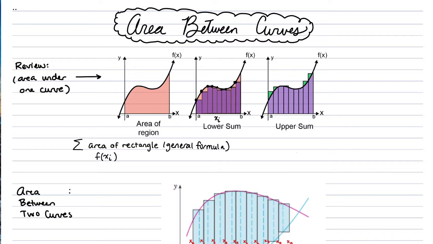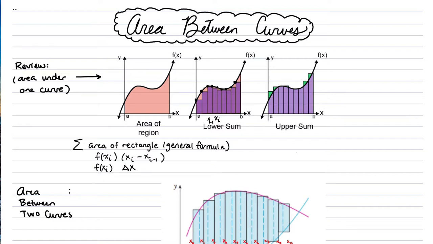All of these rectangles have a certain width, which can be found by xi minus xi minus 1. To find the width, you take the difference of the bigger one minus the smaller one. A quicker way of summarizing that is just delta x.